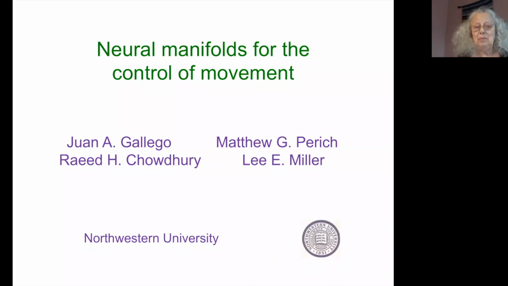Juan Gallego was a postdoc with us at the time this work was done. He's now an assistant professor at Imperial College London. Matthew Perich and Raeed Chowdhury were graduate students. Raeed is now a postdoc at Pitt with the group of Aaron Batista, and Matt is doing a postdoc in New York.